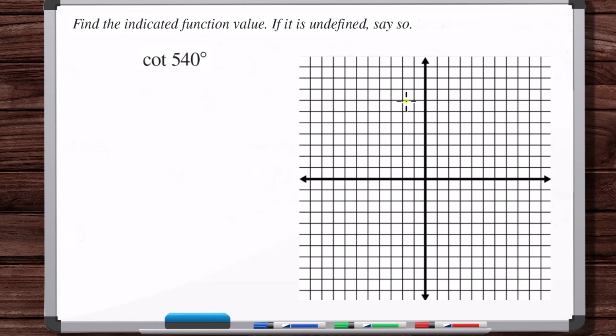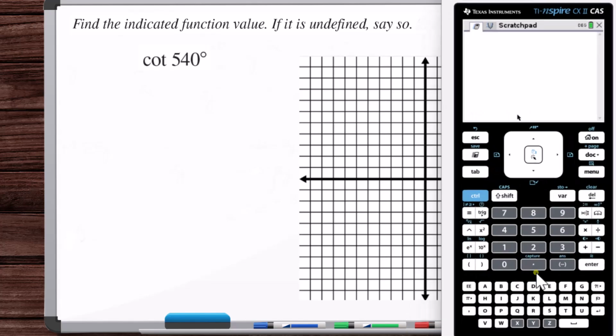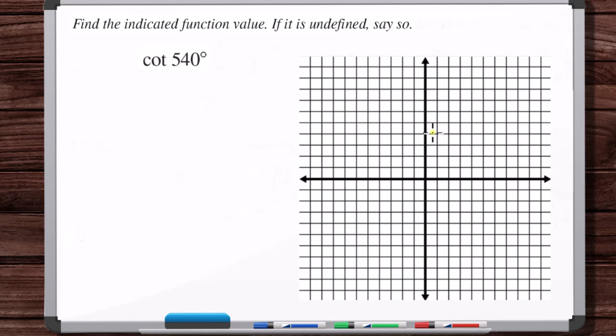Okay, cotangent of 540. That's past 1 revolution. So 540 minus 360 is what? 180. So we go 360 and then we go 180, just like the previous problem. Cotangent is not opposite over adjacent, but adjacent over opposite.